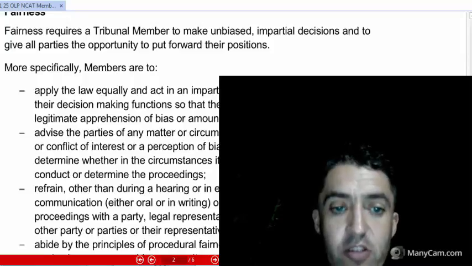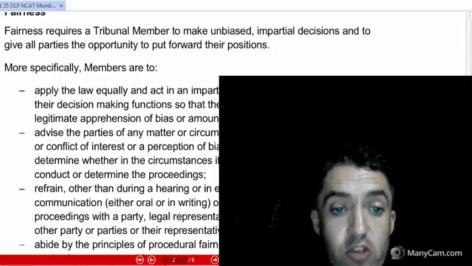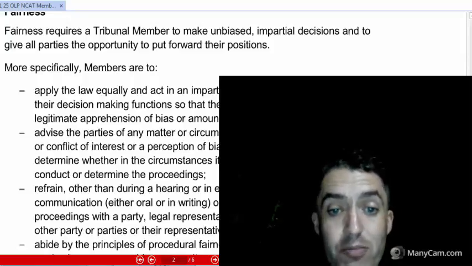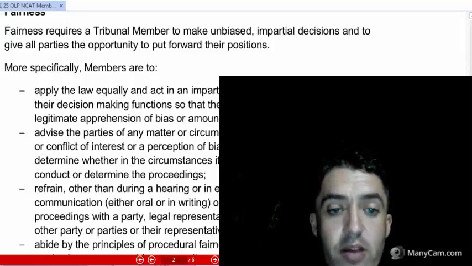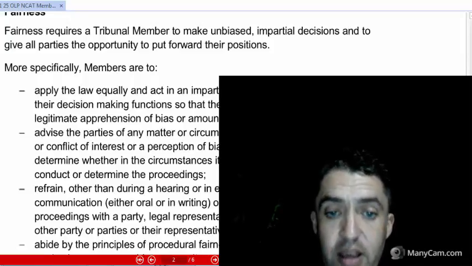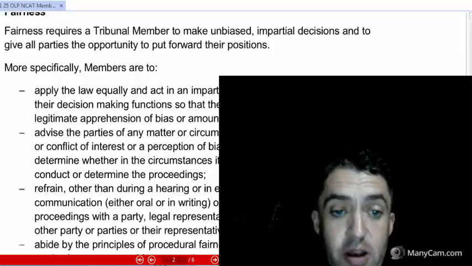Advise the parties of any matter or circumstance which might give rise to bias or conflict of interest or a perception of bias or conflict of interest, and determine whether, in the circumstances, it is appropriate to continue to conduct or determine the proceedings.